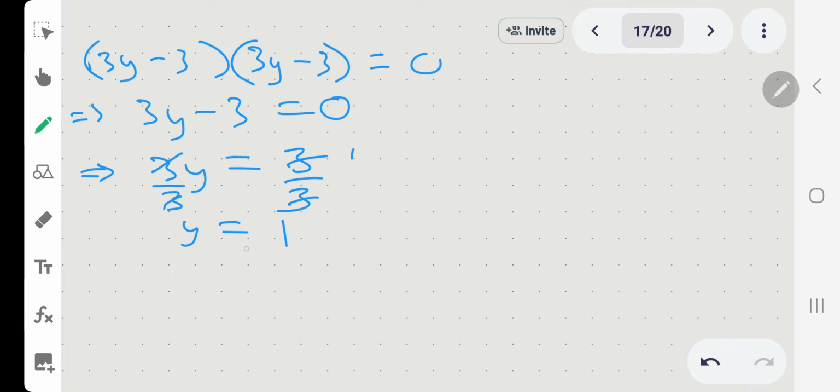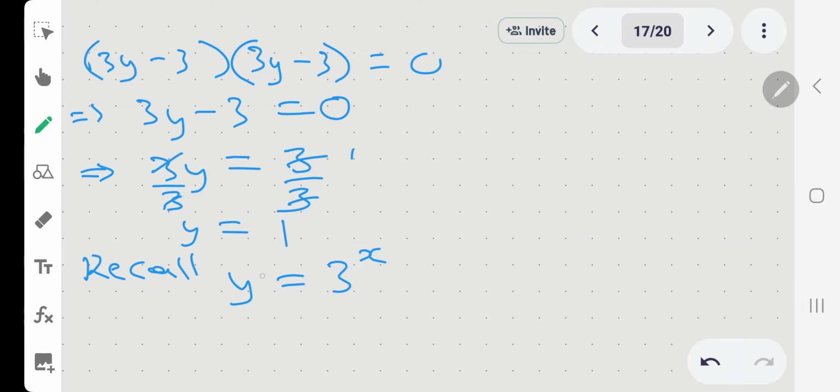Remember, this is not the final answer to the question. Remember, we represented 3 raised to the power x as y, that is y is equal to 3 raised to the power x. Therefore, to find x, we need to do our substitution.